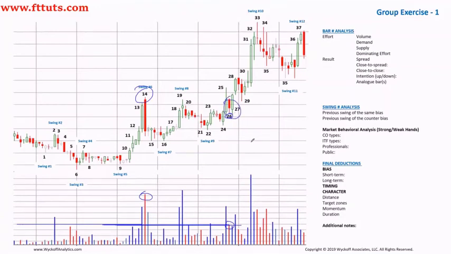So the biggest question that I get usually goes like this. Roman, I got into the position at 16 and 22, and then I saw bar number 26. Bar number 26 has the volume increase, or rather than the volume increase, had supply increase relative to the previous point of the supply that we've discussed before.